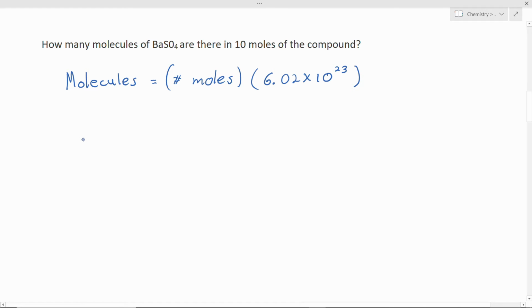And if we plug in our numbers here, we have the number of molecules will be equal to 10 times 6.02 times 10 to the 23rd. And that answer will be 6.02 times 10 to the 24th. So for this example, you can see that we don't have to worry about grams. That's something I often see some people make mistakes on, where they involve grams, where we just need to involve moles and molecules only.